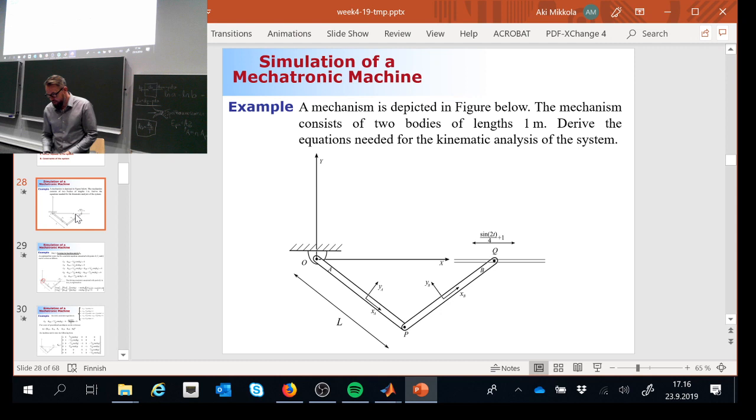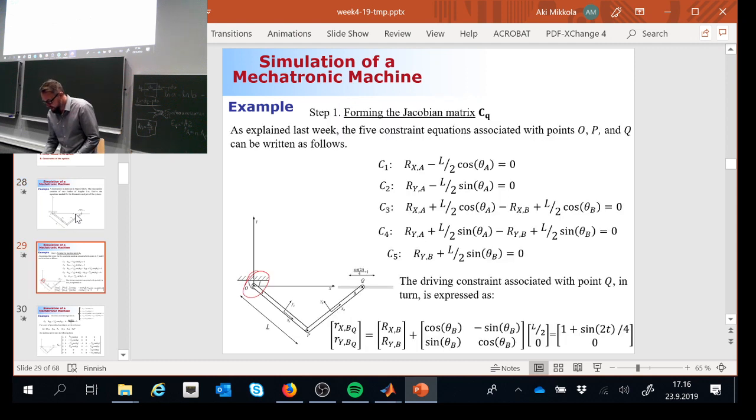Okay, so we were here. There is a revolute joint that connects 2 bodies together, and finally I have a primitive joint plus a driven constraint at location Q. How many constraints do I have in total? 6.